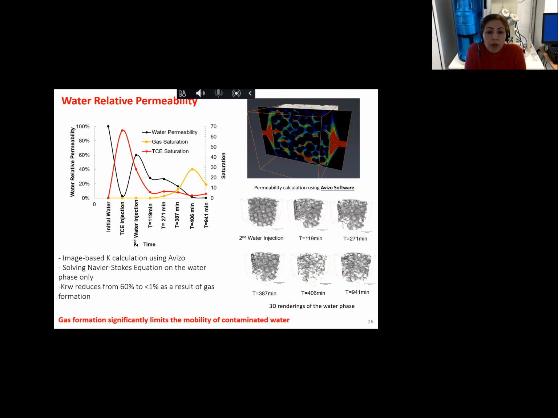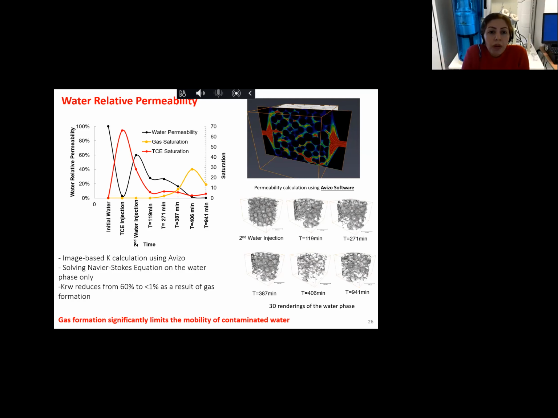Okay, so one of the last things that I want to show you is that we also thought about what would be the impact of having this much gas in our system on spreading of contaminated water. If you remember, in the beginning I mentioned that there is a source of contamination that has residual droplets, but also there is a wider range of contaminated area that we call the plume of contamination.